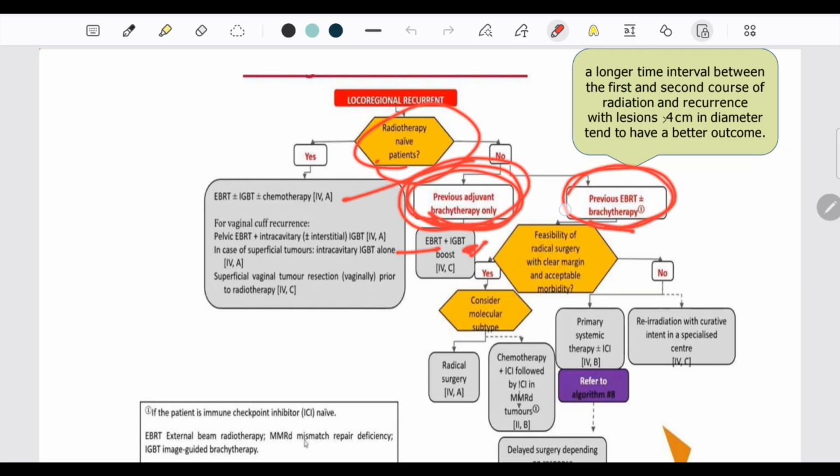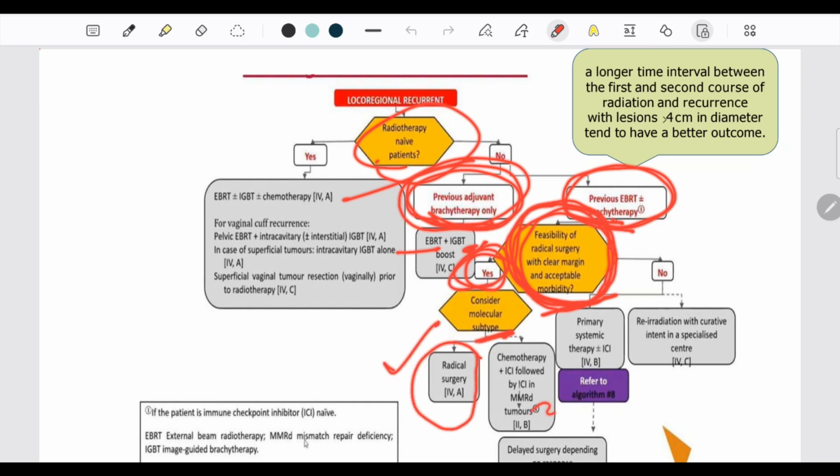If she has received external beam radiotherapy, then you have to check the feasibility of radical surgery with clear margin and acceptable morbidity. That is to check whether it is feasible for surgery. If feasible for surgery, then consider molecular subtype and opt for radical surgery.